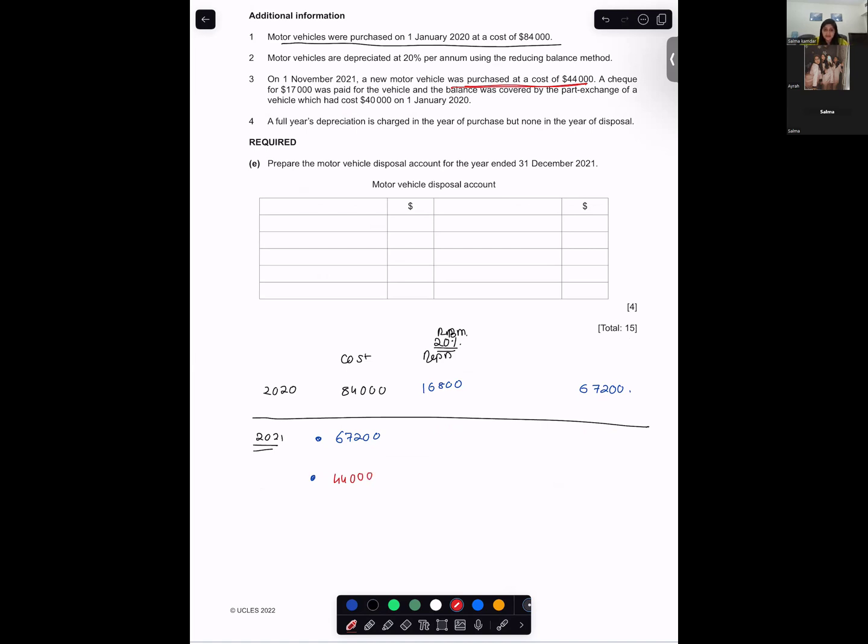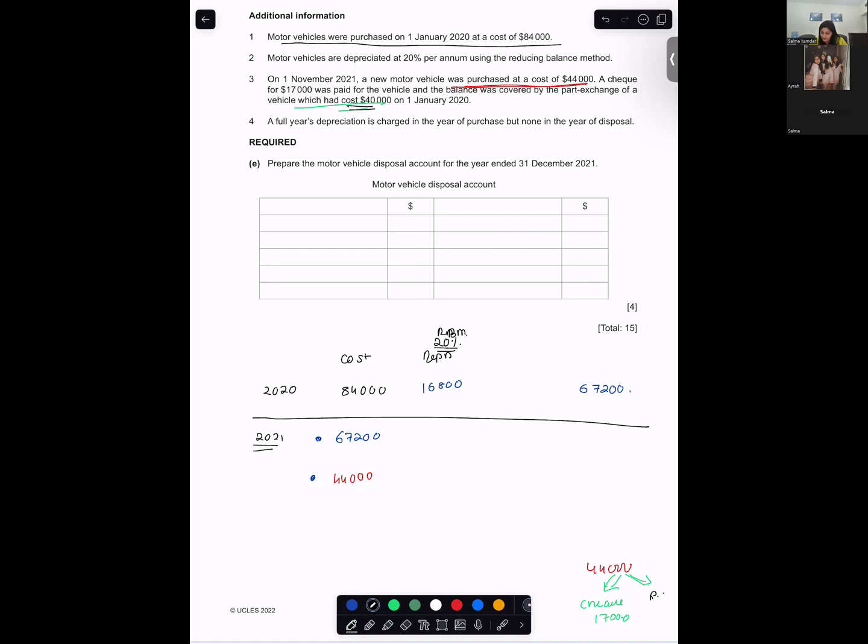Correct? Okay. A check for 17,000 was paid for the vehicle. That means this asset that was purchased for 44,000, what did I pay? I paid a check of 17,000, and the balance was covered by part exchange of a vehicle that had a cost of 40,000.